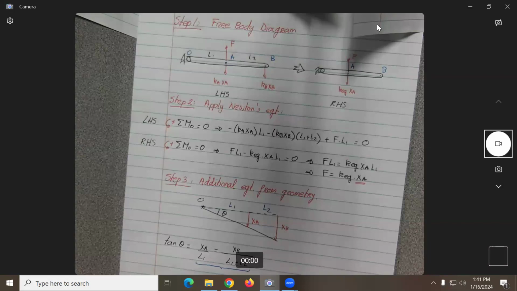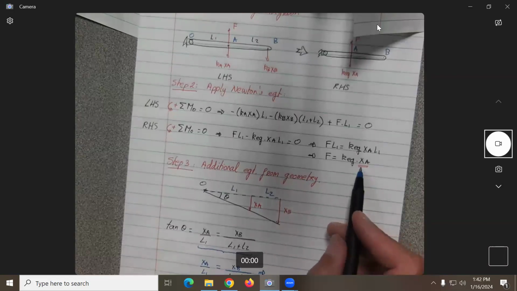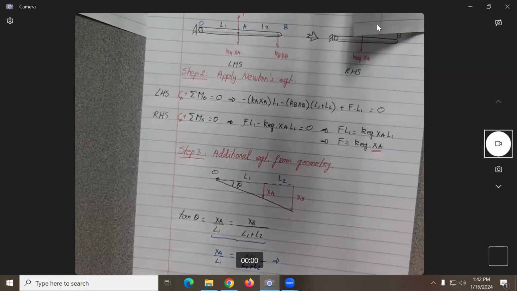Now we want to solve for which one? We want to rewrite X sub A in function of X sub B or X sub B in function of X sub A? We need to rewrite everything in function of X sub A. So this time we need to rewrite X sub B in function of X sub A, no?